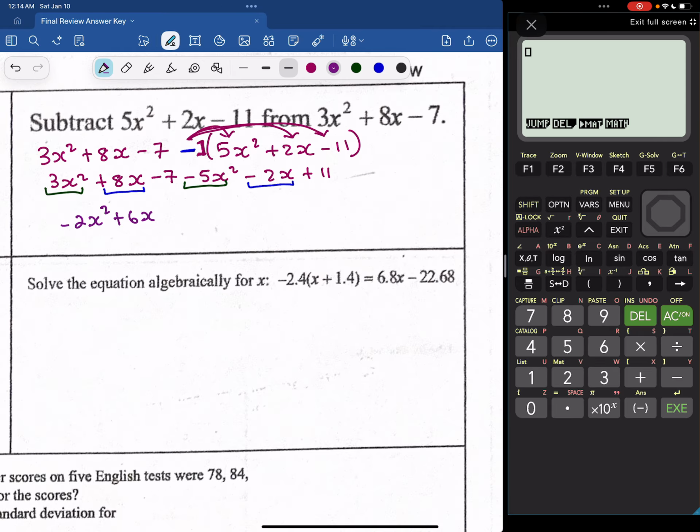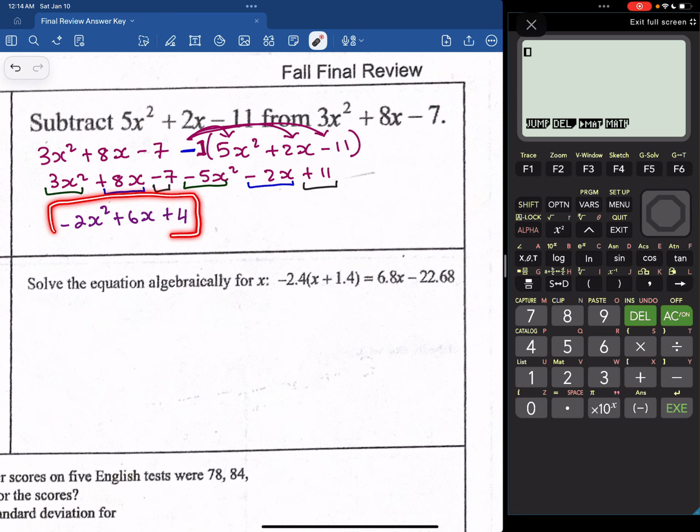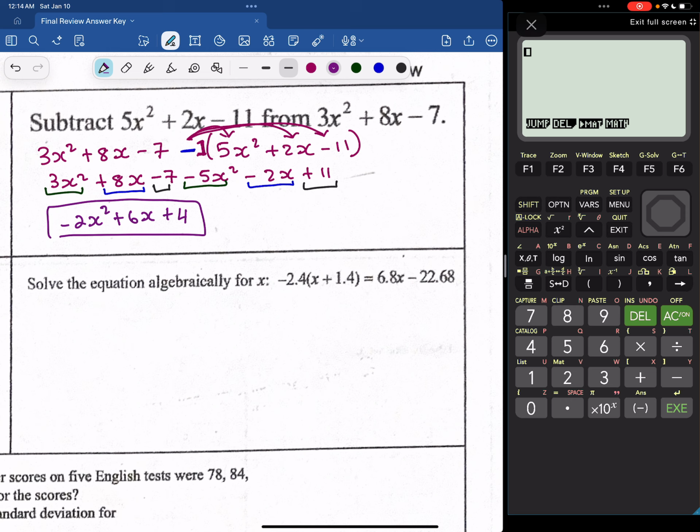And then our last pair of like terms is negative 7 plus 11, which is just going to be positive 4. And this is it. This is our final answer. We can't combine anything else. So our final answer is negative 2x squared plus 6x plus 4.